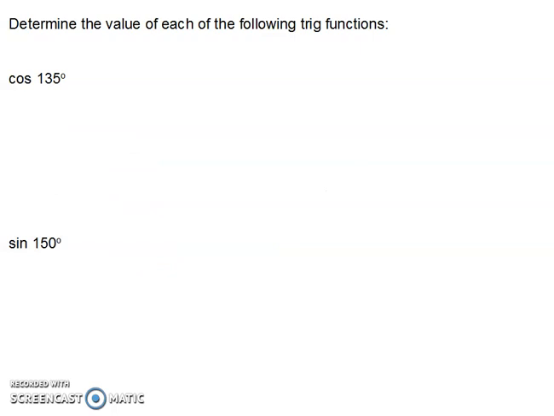So we'll look at the cosine of 135 degrees now. Unfortunately we can't create a right triangle with an angle value of 135 degrees. So what we're going to do is place this angle in standard position. That means I'm going to put the initial side on the positive x-axis and put the hinge at the origin.